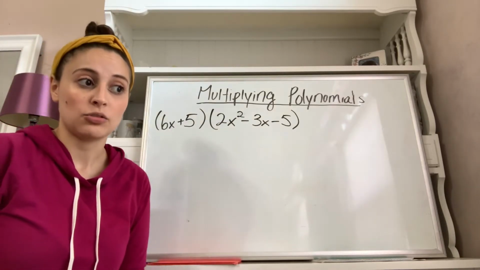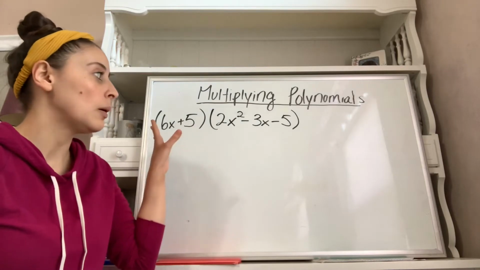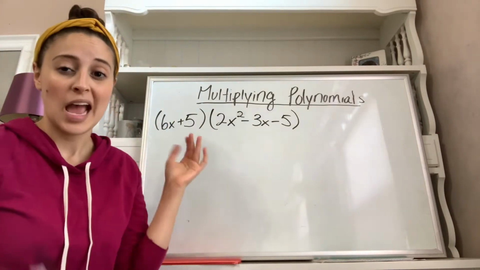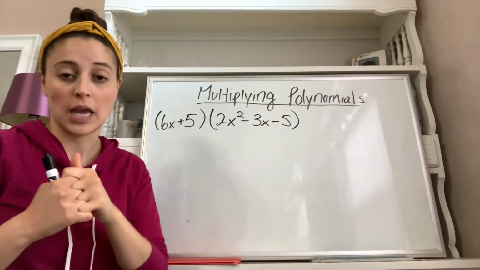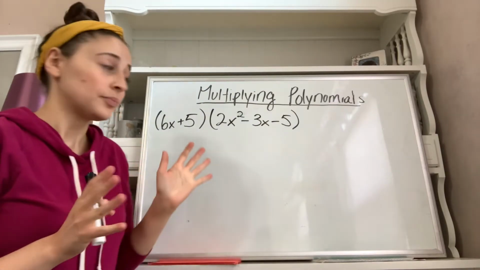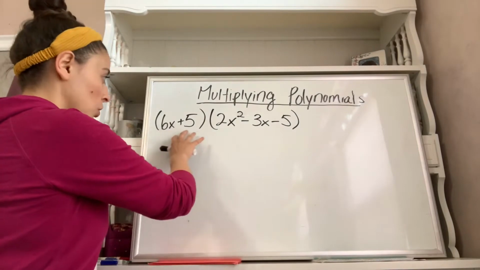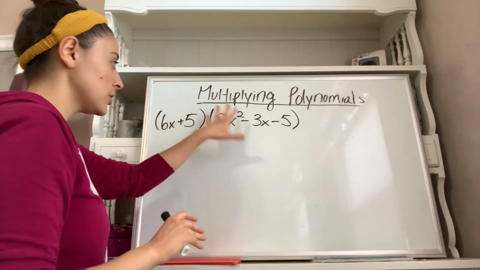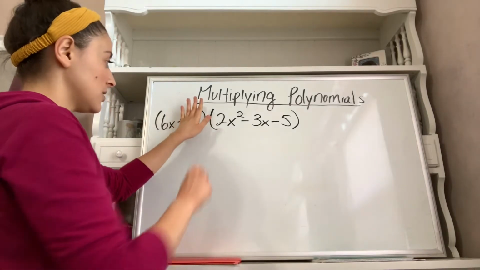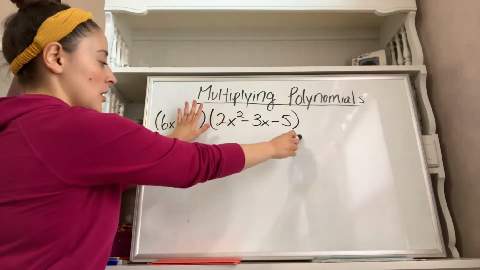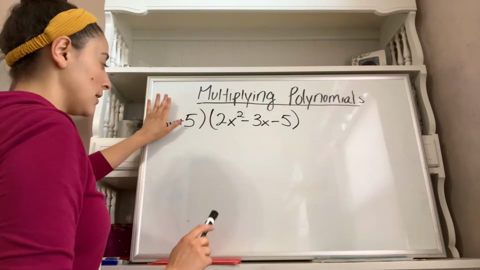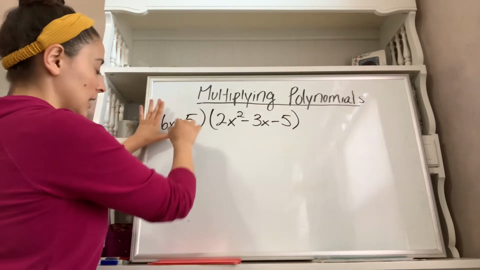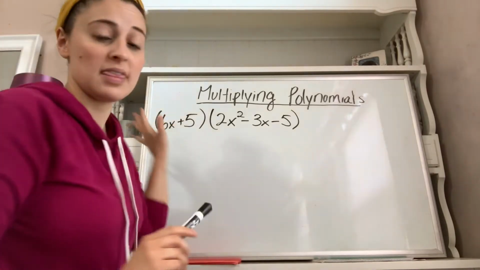We're basically going to treat this like two monomial distribution problems and then combine all those like terms together at the end. So we'll go ahead and distribute the 6x first, pretending like it's just 6x times this trinomial. And then we'll go ahead and do the same with the 5 and pretend like the 6x wasn't there.